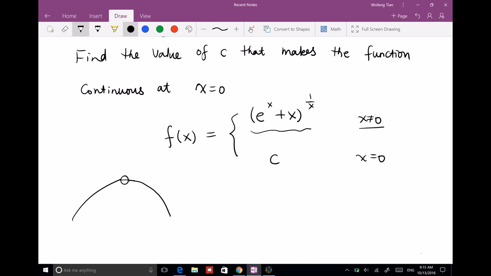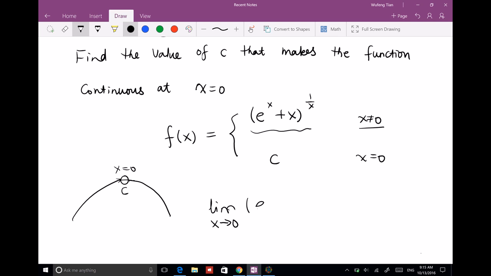Alright, if the function is continuous, suppose this is x equals 0. From the left side, x approaches 0, and the whole value has to approach c. So the limit as x approaches 0 goes to 0.